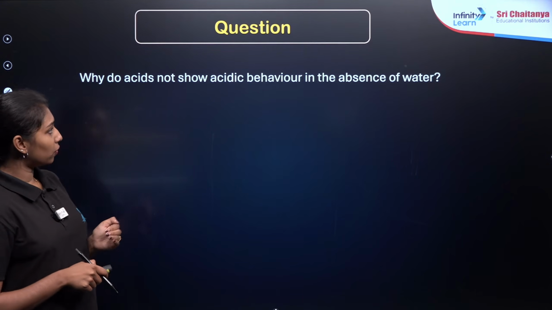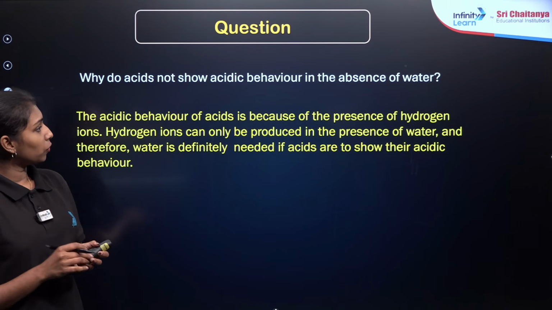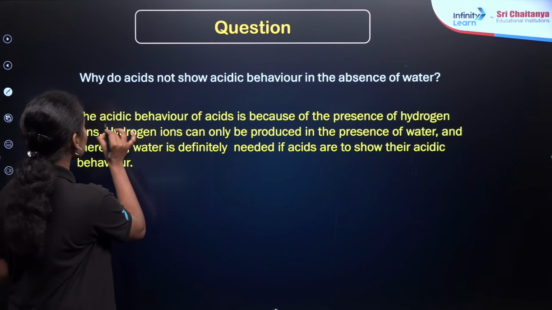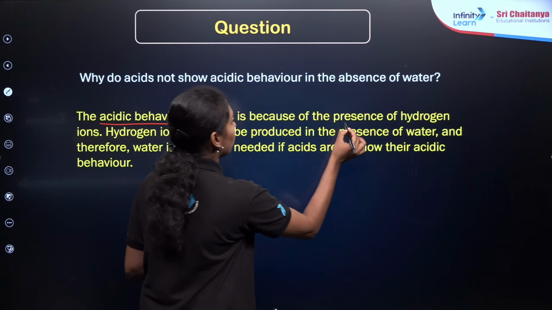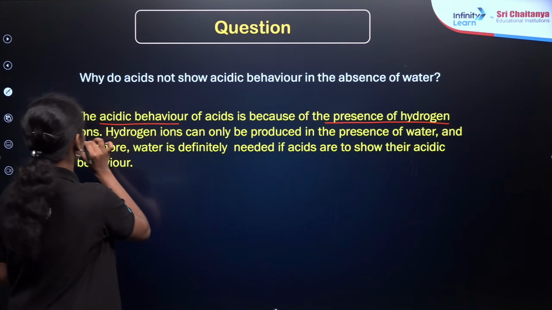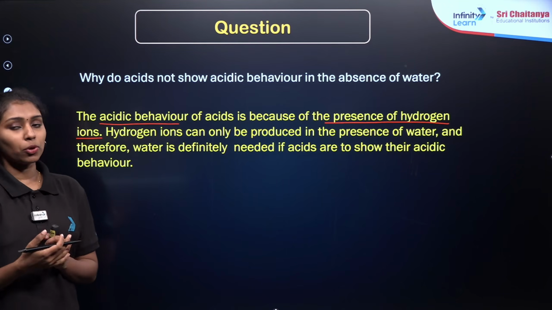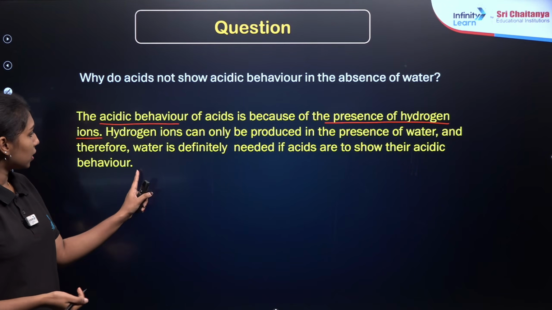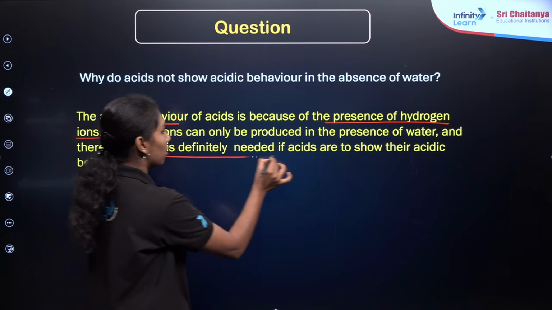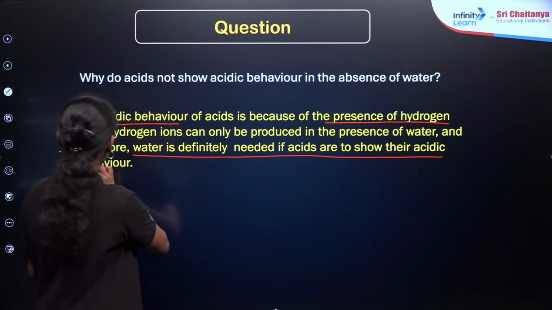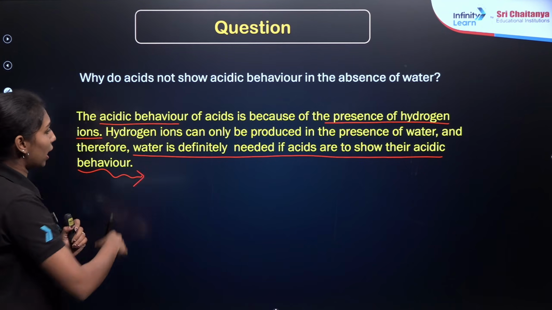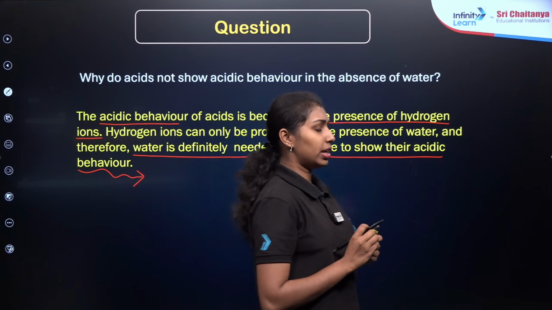I hope you got the idea of the question. So we know that acidic behavior means the presence of H+ ions, the hydrogen ions. The hydrogen ions can only be produced in the presence of water, right? So that is why water is definitely needed for acids to show acidic behavior. Is that clear? Very direct questions.